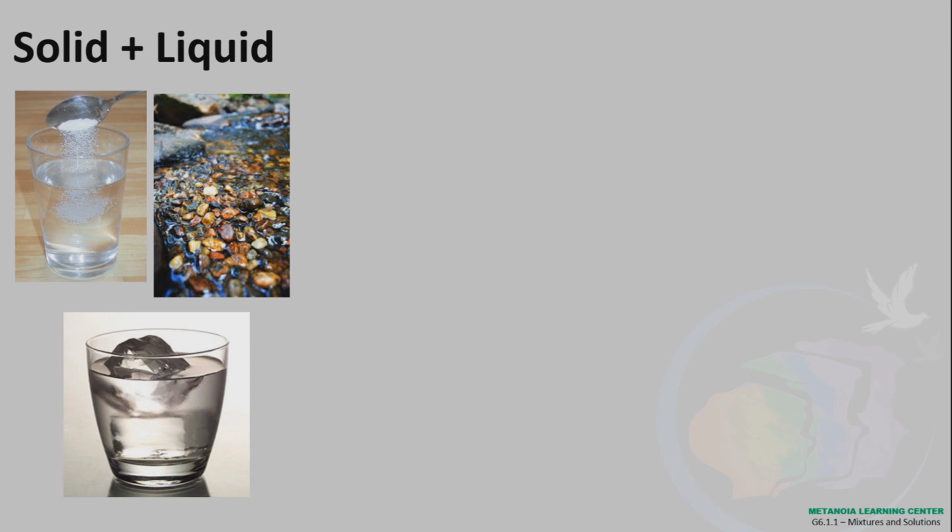For gravel and pebbles in rivers, obviously the gravel and pebbles are the solid, and the water in the river is the liquid. And of course, one of our favorite things to drink when we are thirsty is ice cold water. Obviously, the water is the liquid and the ice cubes are the solid ones.